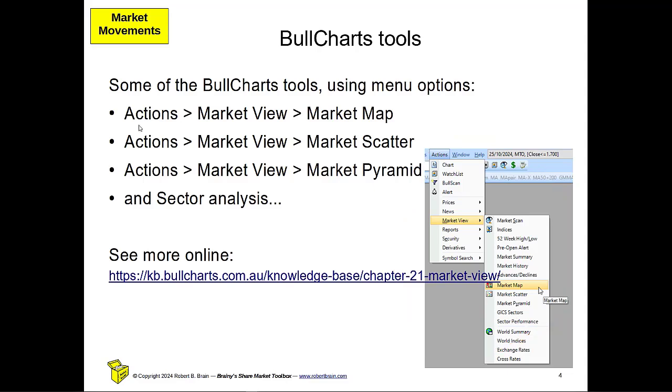So that's the menu item there, Actions, Market View. And there is a knowledge base article in the BullCharts knowledge base about Market View, this menu item, and I'll just show you how to do that. I've got to find the right browser.